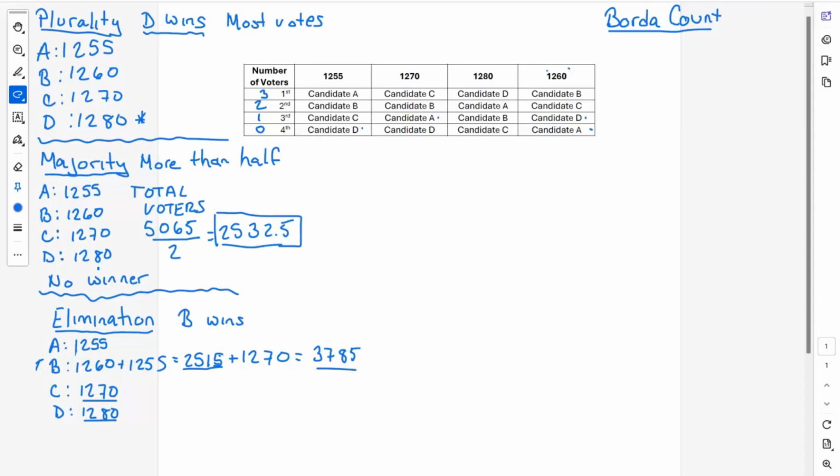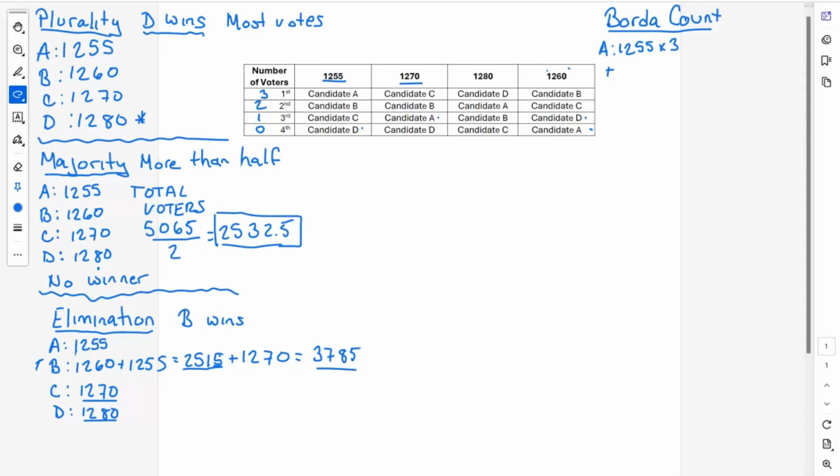So for candidate A, right, these 1,255 people all voted for candidate A for the first choice, which means candidate A gets 3 points for each of these 1,255 people. So candidate A gets 1,255 times 3, plus, let's look at this next group of people.